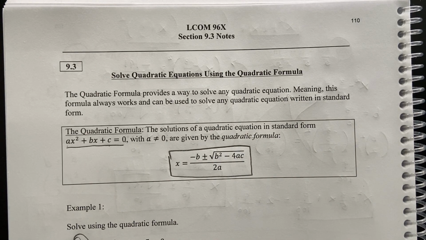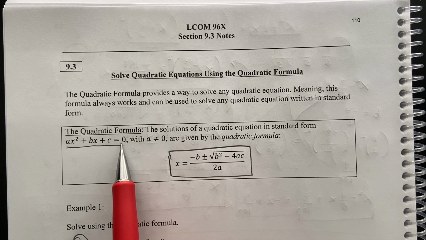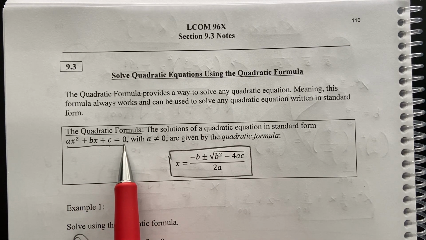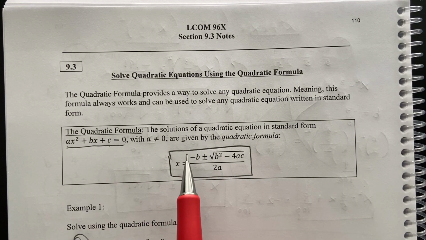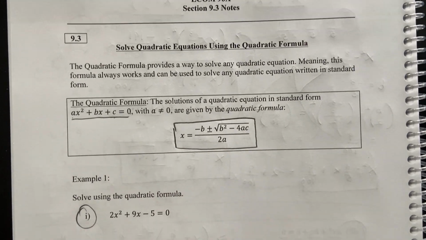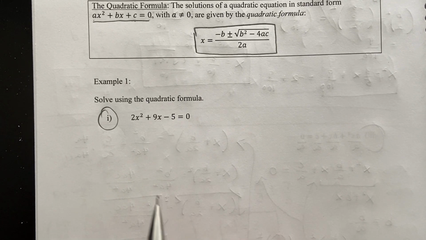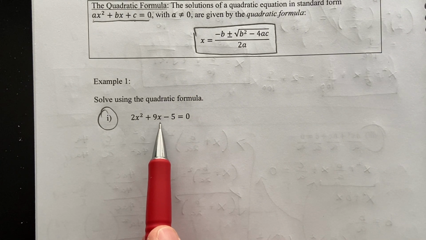So once you have that result, you can just go ahead and use that to solve these quadratics. One thing that we need for sure is that the equation is equal to 0. Once it's equal to 0, this is the conclusion. All right, so for part 1, I have 2x squared plus 9x minus 5.